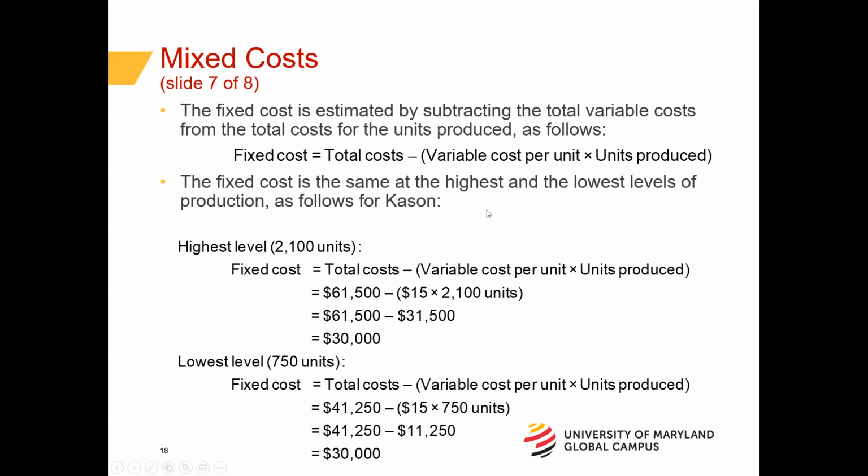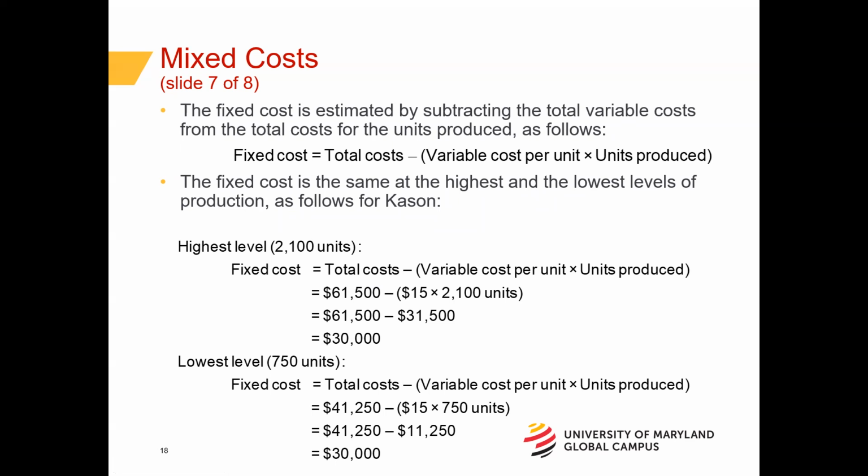Our total cost in the month of August was $61,500, minus the $15 variable cost per unit that we got from step one times the 2,100 units that we produced in August. $15 times 2,100 is $31,500. We take our total cost of $61,500 minus $31,500, which gets us a total fixed cost at the high level of $30,000.